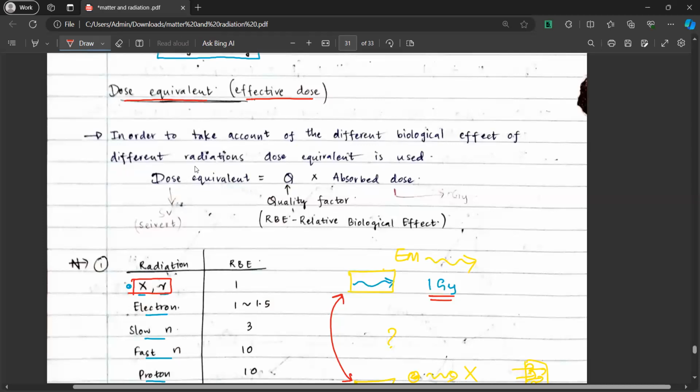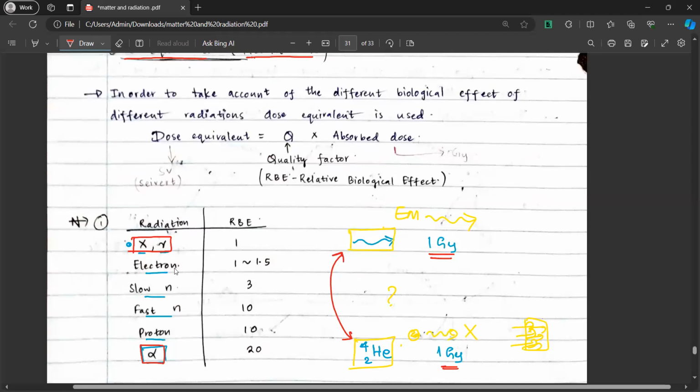Here we consider how much effect each and every radiation has. So we multiply absorbed dose by a quality factor, which we call the relative biological effect.